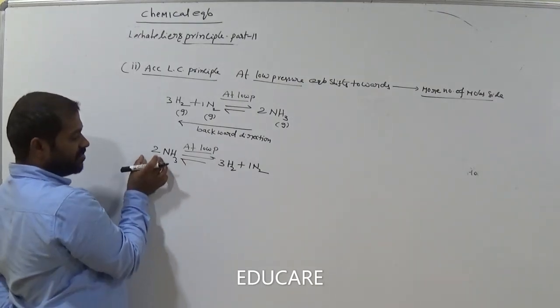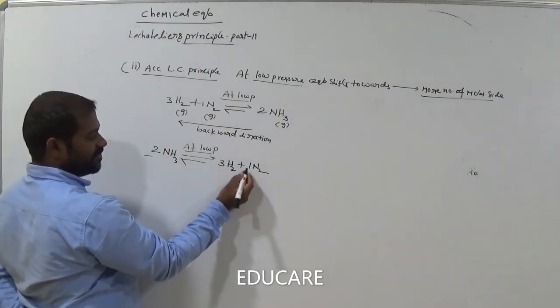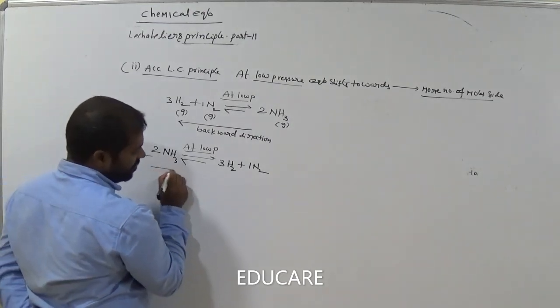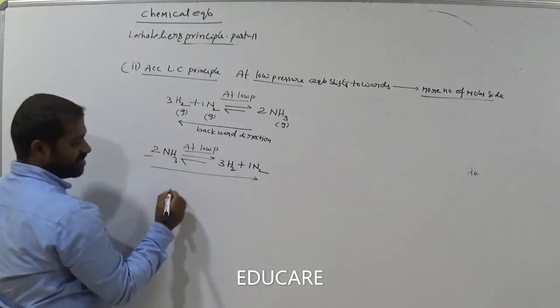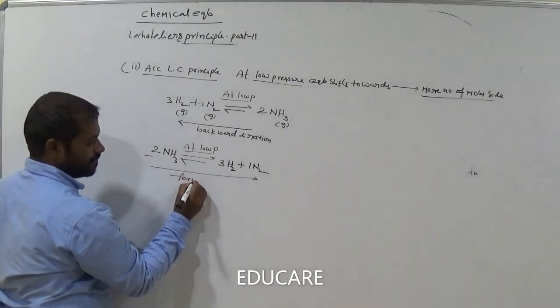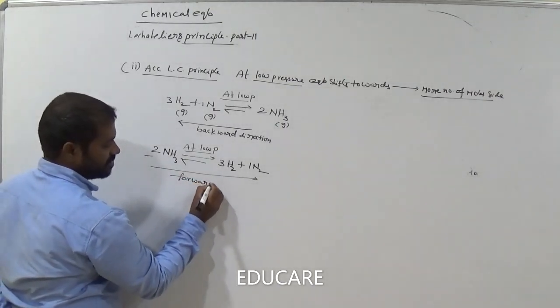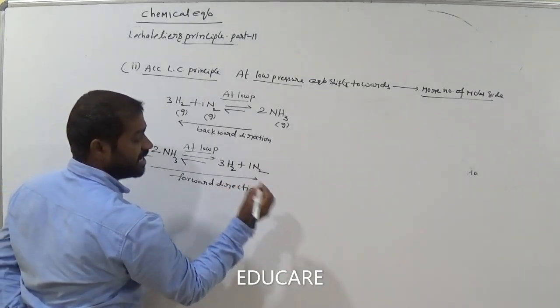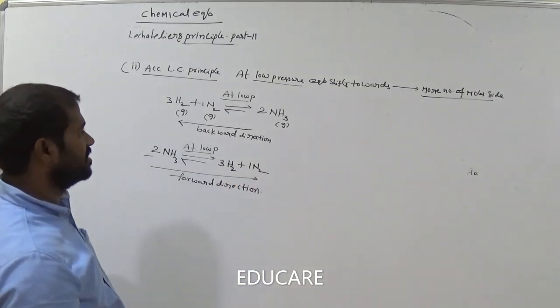Here we have 2 moles, here we have 3 plus 1, 4 moles. So more number of moles means in this direction, that means the forward direction. Is that clear?